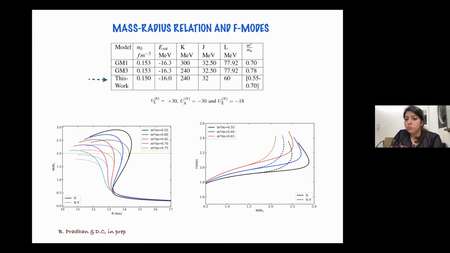So we would need additional information to understand whether there are hyperons. It's not just the F mode frequency; we also need to study the damping times, and whether multiple observations of F modes can help us determine whether hyperons are in the star. But this is work in progress.